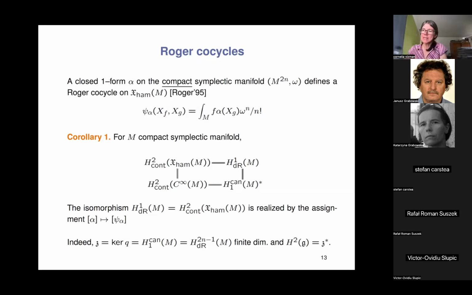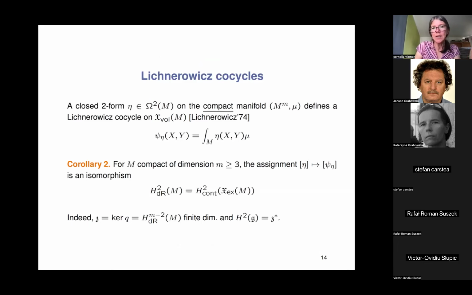We have results also in the non-compact case. We made a big table, I had it on my slide, but then I removed it, unfortunately. But it is in our 2015 paper. So for the Hamiltonian case, we have the Roger cocycle, and here we have the Lichnerowicz cocycles for the divergence-free case.